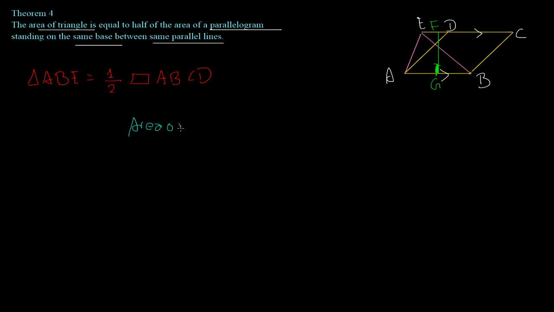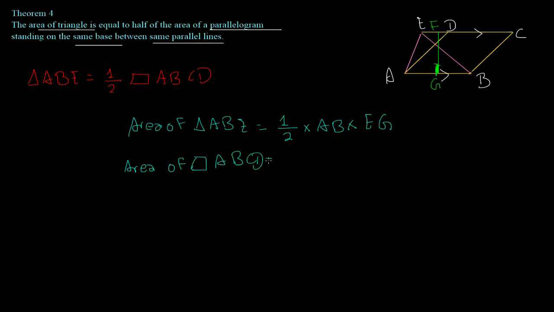If we write the area of our triangle, the area of triangle ABE is equal to half into base into height, where our base is AB and our height is EG. If we want to find the area of parallelogram ABCD, that will be base AB into height FG.